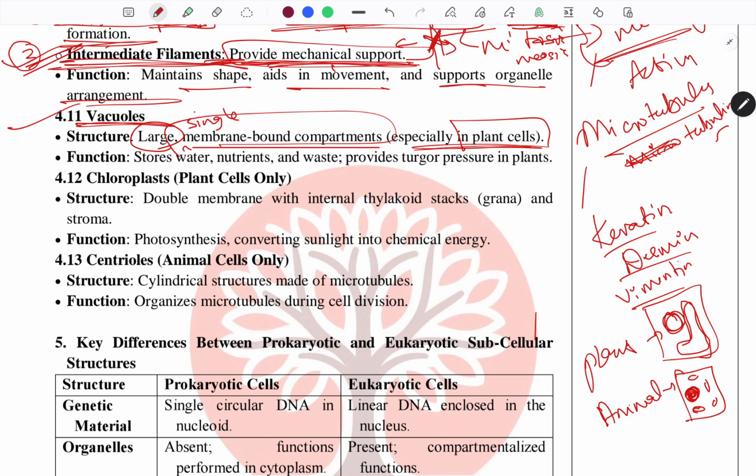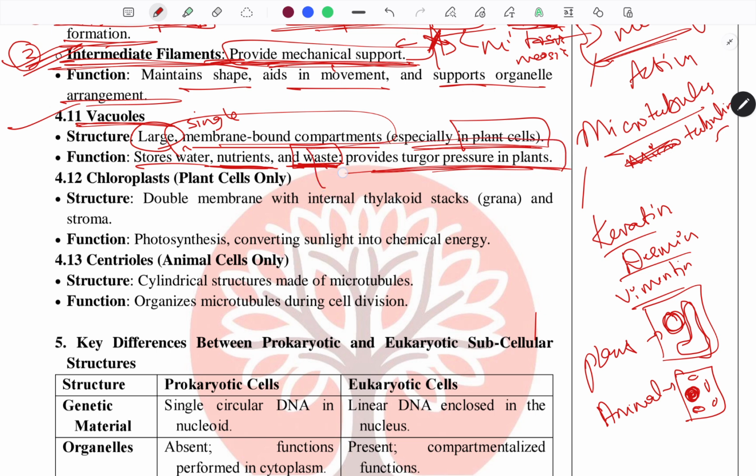What is the main function of the vacuole? It stores water, nutrients and waste products of the cell, and it provides turgor pressure in plants.